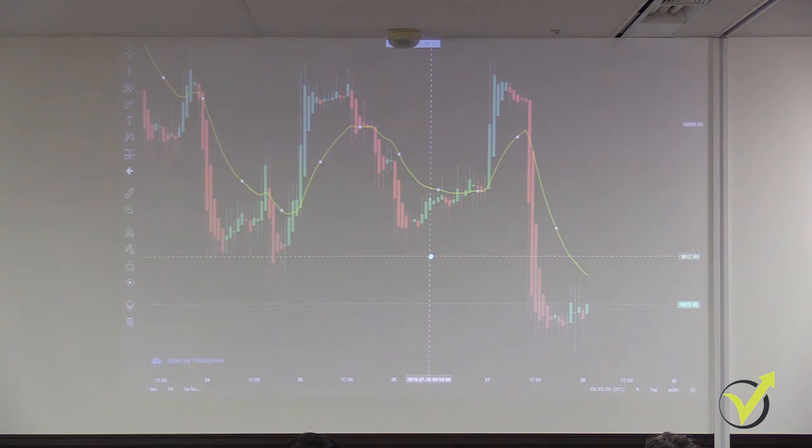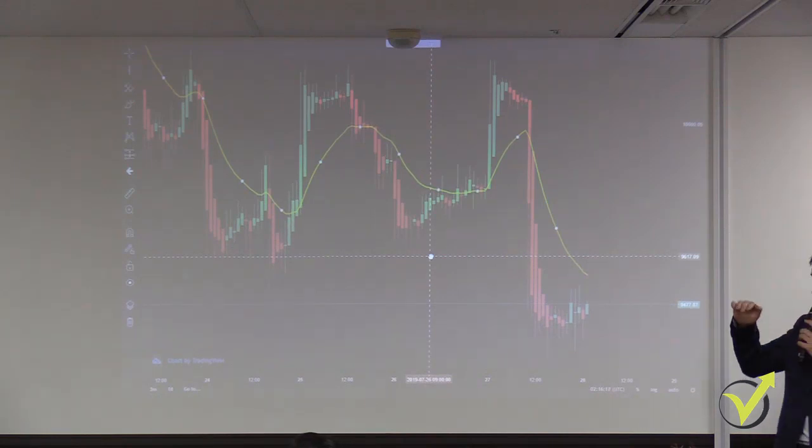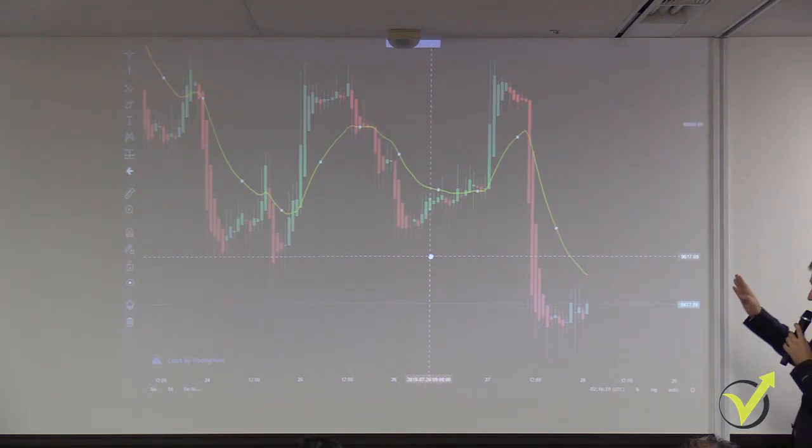So if you have the confirmation on the daily chart, and you have confirmation on the 1 hour chart, then you also want the confirmation from the moving average.